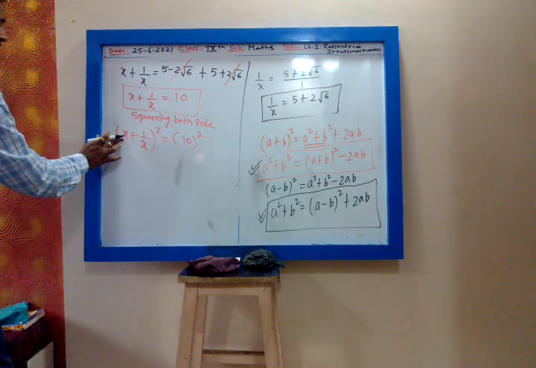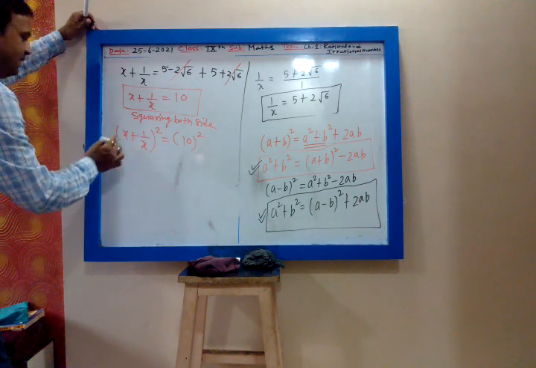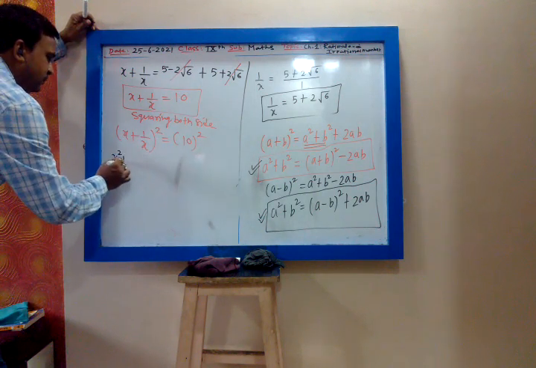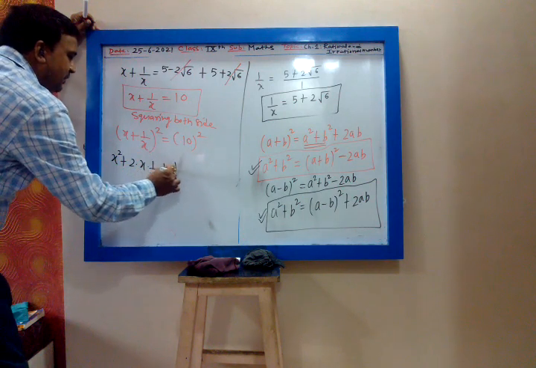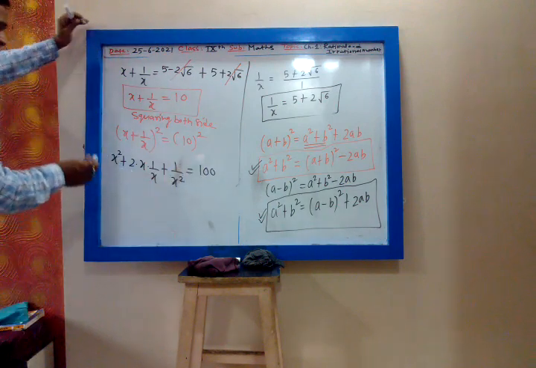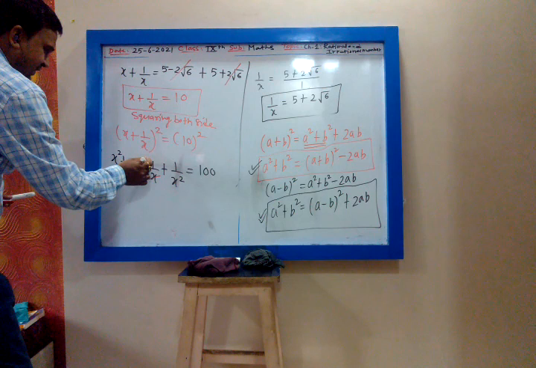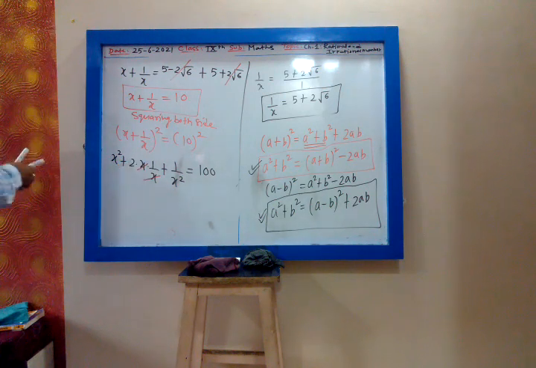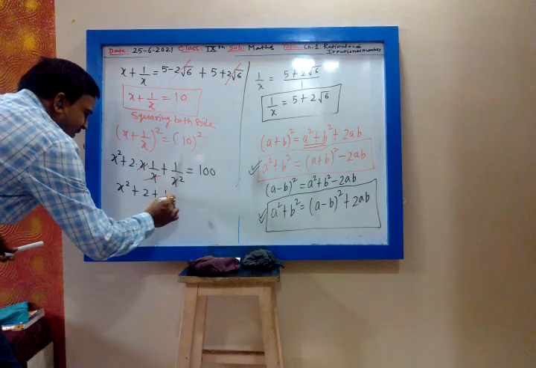So now we simplify (a plus b) whole square: x square plus 2 into x into 1 by x, that is 2ab, plus b square, 1 upon x square, is equal to 100. Correct? Now this x gets cancelled, so it is 2. So x square plus 2 plus 1 upon x square is 100.